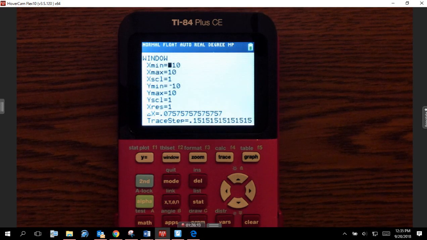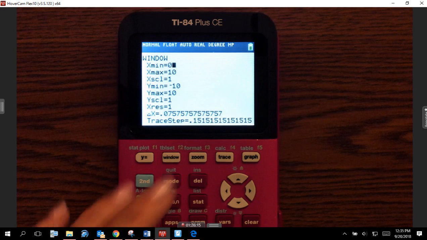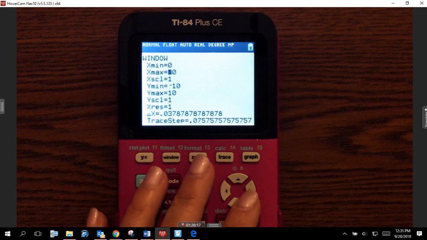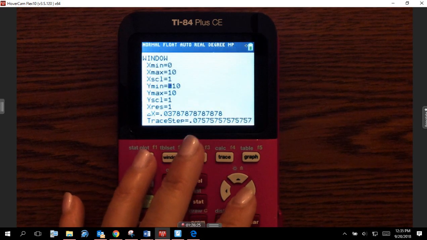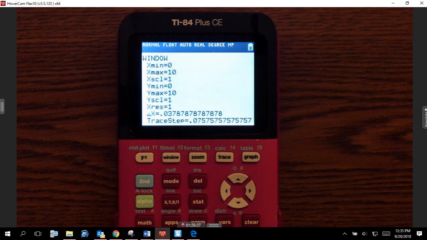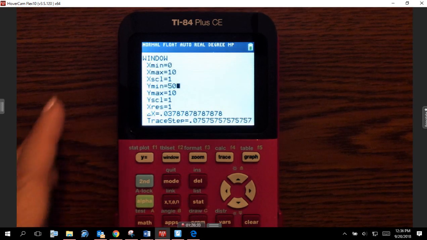And that's not going to be negative in real life, so I'll do 0. And I want the y's to go from 0 to, I have no idea, 25, so maybe 50. Maybe 0 to 50, maybe. Just kind of guessing.